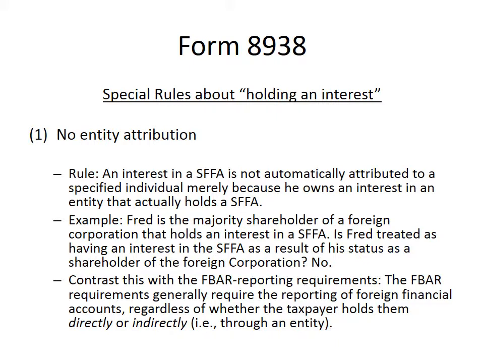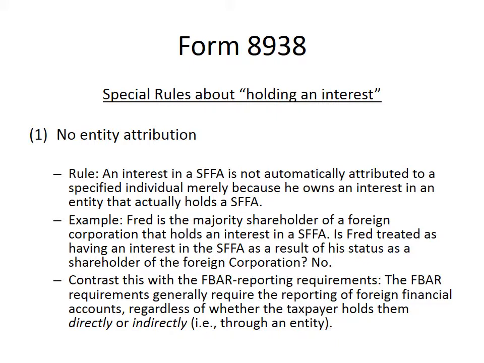So in the example that I've just given you, where Fred is the majority shareholder of ABC, and ABC in turn owns a foreign bank account, we know for FBAR reporting requirements that Fred is considered to own the foreign bank accounts indirectly through the entity ABC.